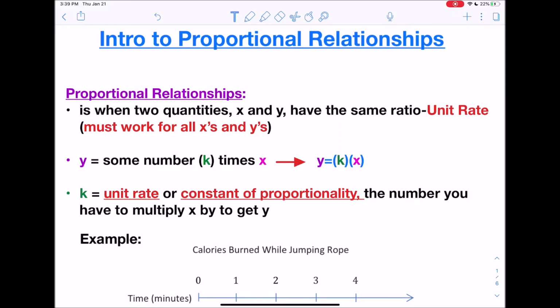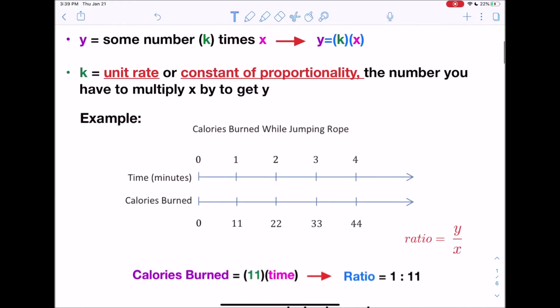Don't forget, the unit rate is also called the constant of proportionality, and we are using the letter k to stand for unit rate. The unit rate is always the number you multiply x by to get y. If it's a true unit rate, then that ratio will stay the same no matter what x or y are. So let's take a look at our first example.